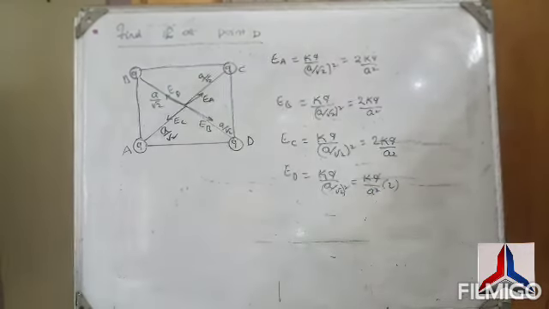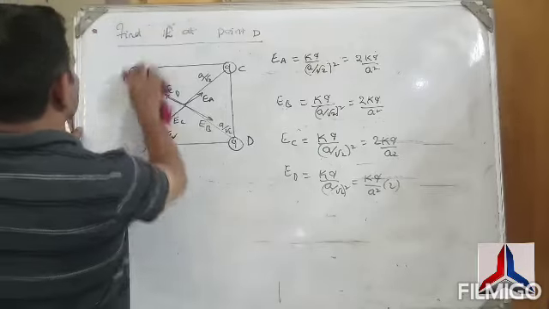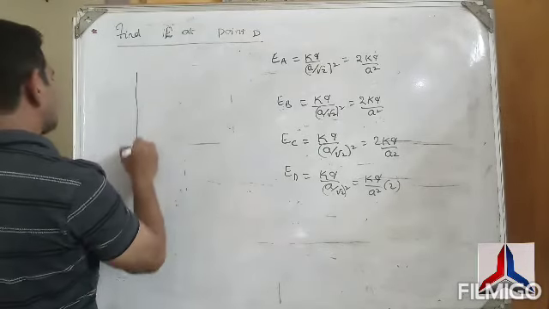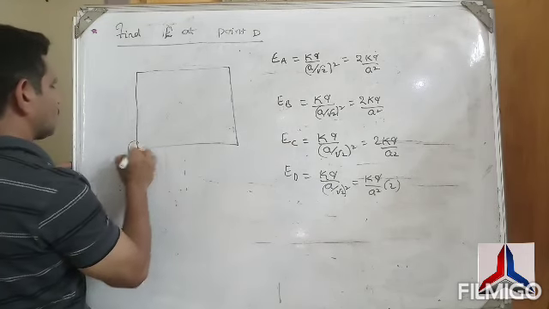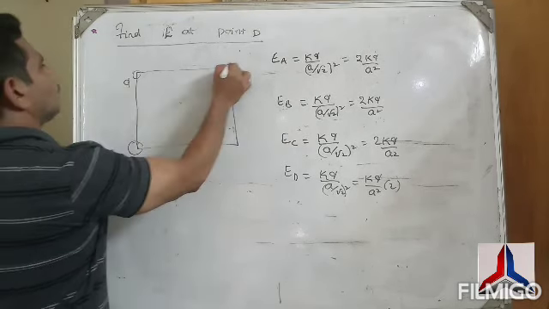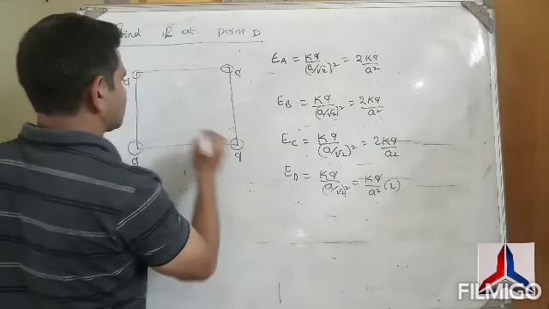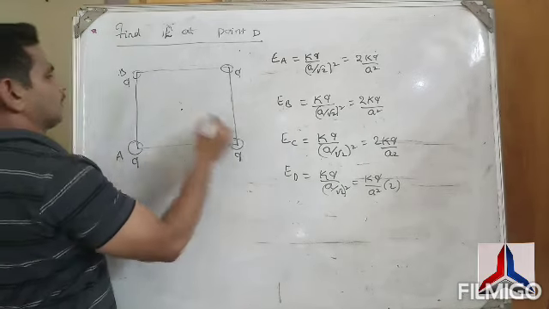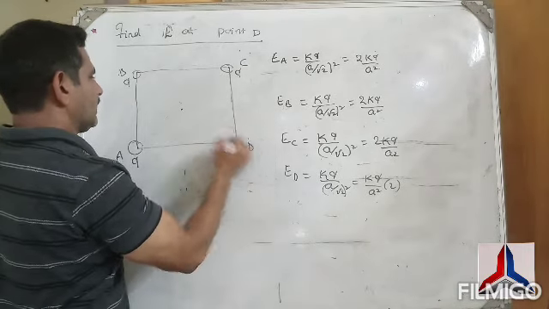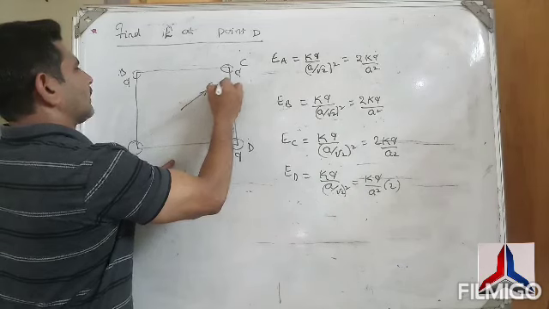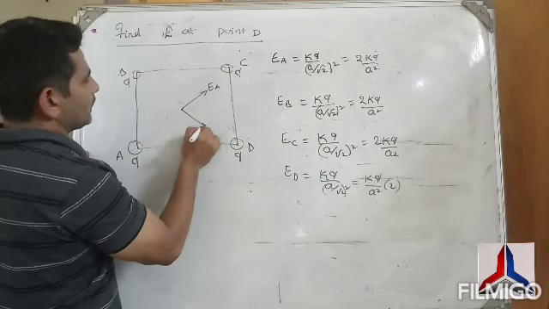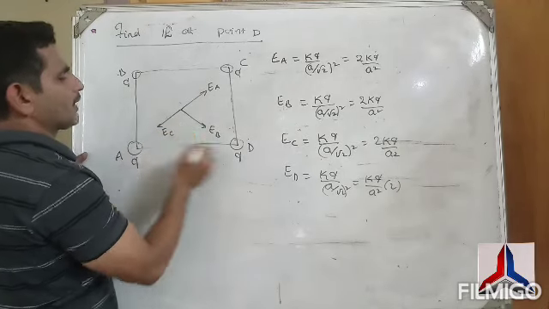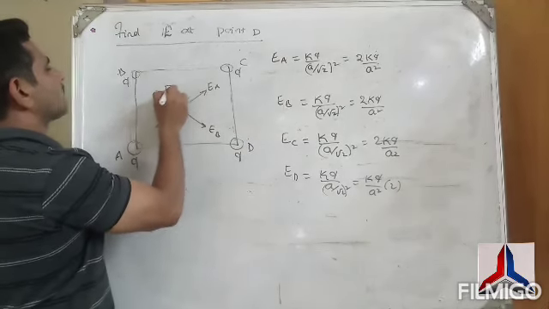Whatever it is, I will show the diagram once again. These are the values. If these are the charges Q, Q, Q and Q, at this point there is electric field intensity by A in this direction, by B in this direction, by C in this direction, and by D in this direction.